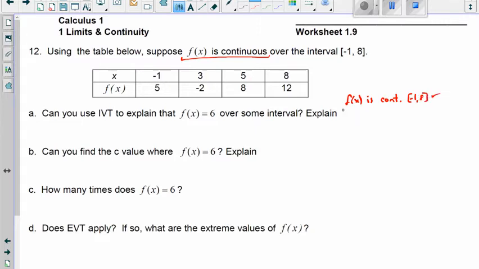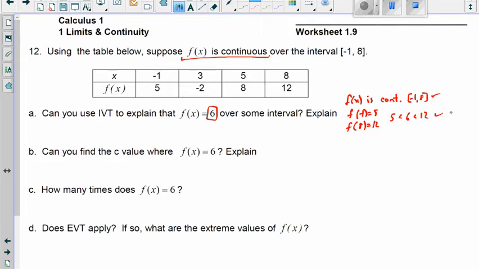And let's see, we're supposed to show that between two y values, 6, our number, is between there. So we could use any two that we can find. I could say f of negative 1 is 5, f of 8 is 12, and 6 is between 5 and 12. That checks.